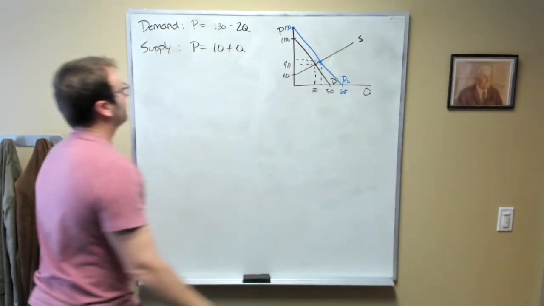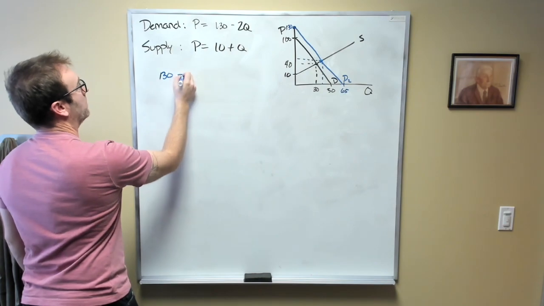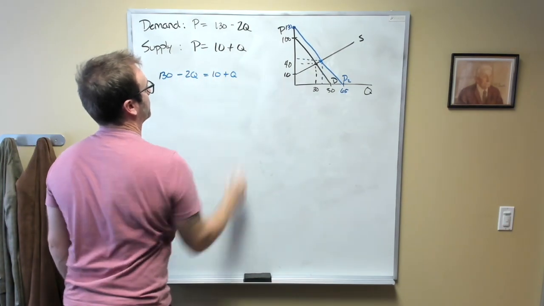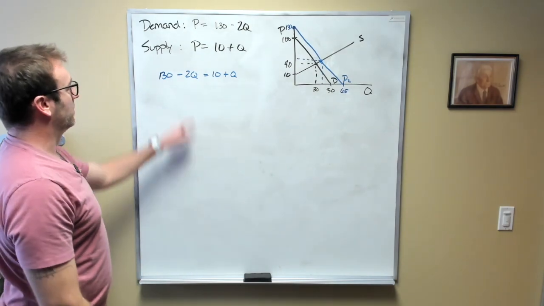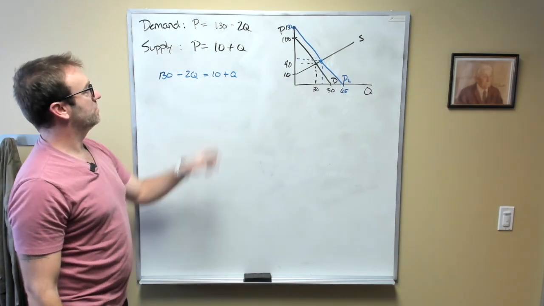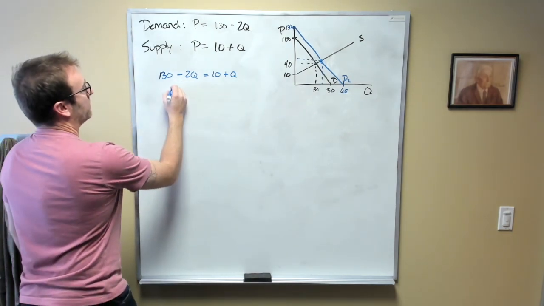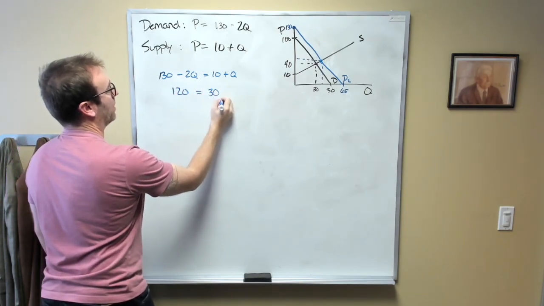Okay, we can solve it the exact same way. So 130 minus 2Q is equal to 10 plus Q. Okay, we're going to do exactly the same thing. We'll add 2Q to both sides. We'll subtract 10 from both sides. So that should give me 120 is equal to 3Q.